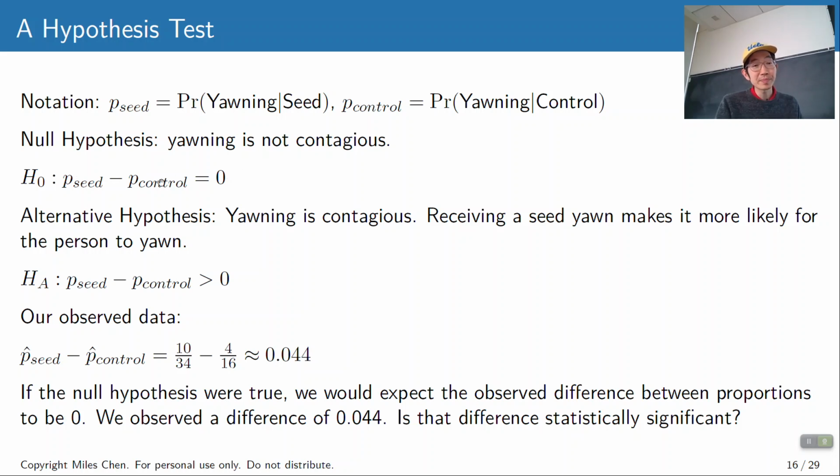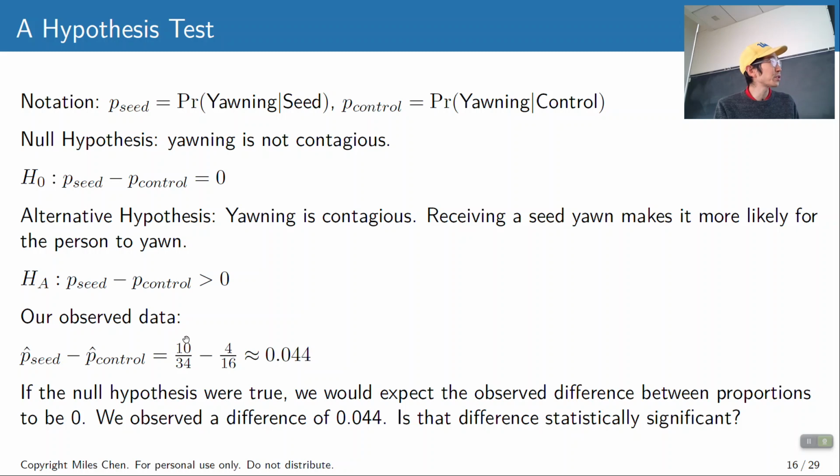The alternative is that yawning is contagious: if you are in the treatment group and you see somebody yawn before you go into the room, you're more likely to yawn. So the probability of yawning for seed minus the probability for control has to be greater than 0. And what we observed is a difference of around 4%, 0.044.